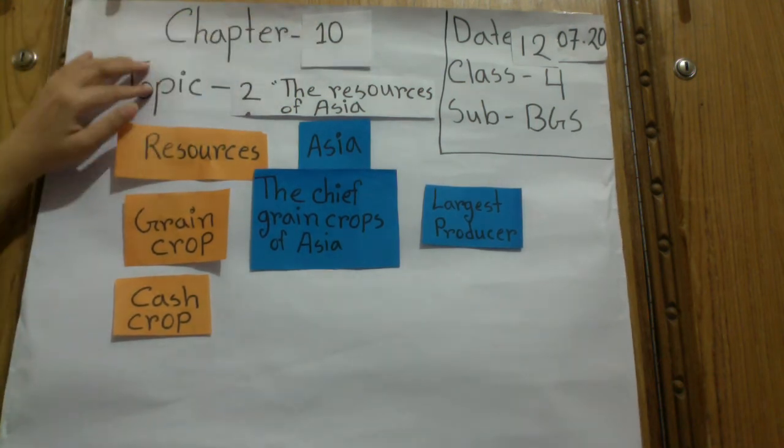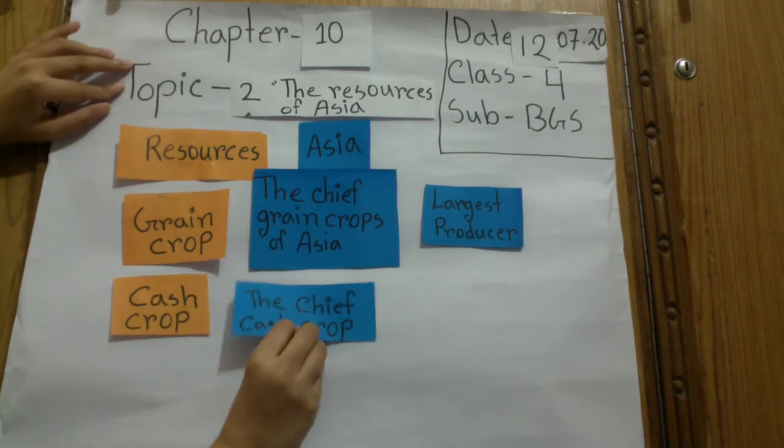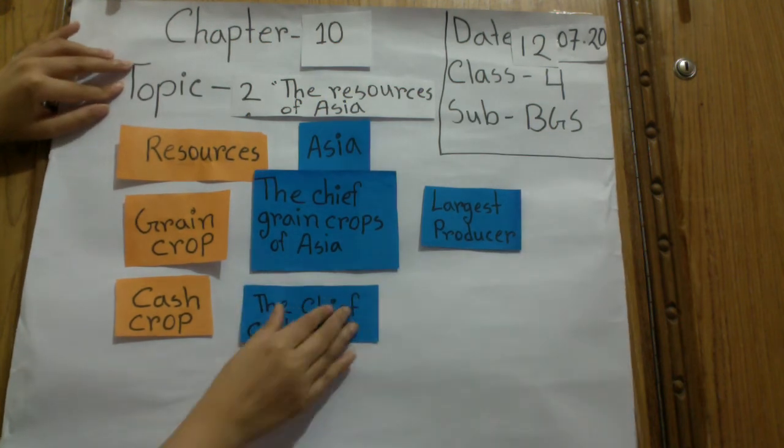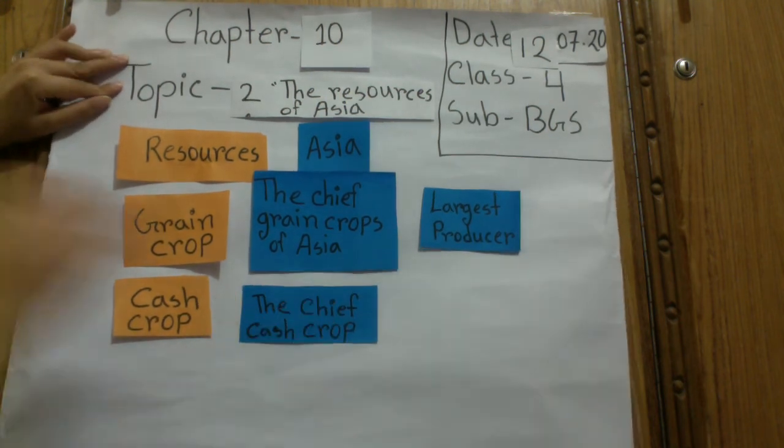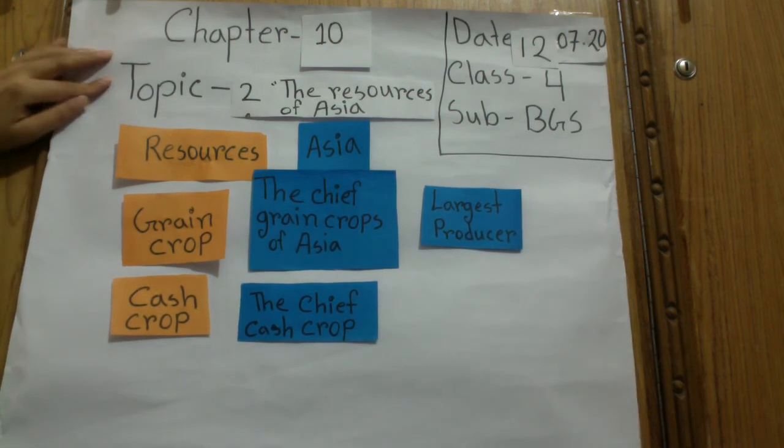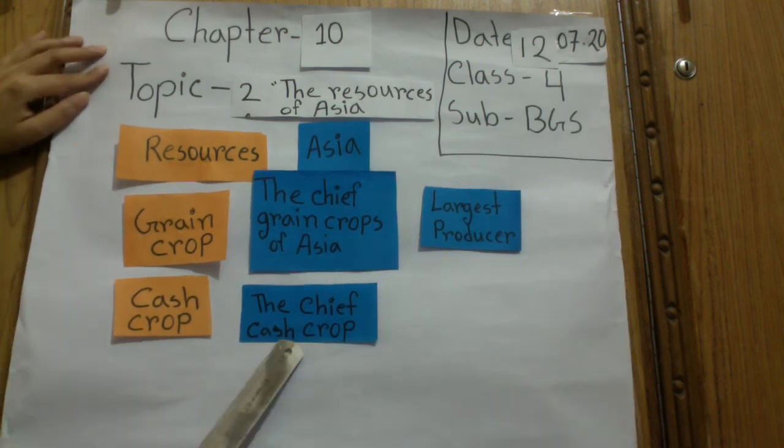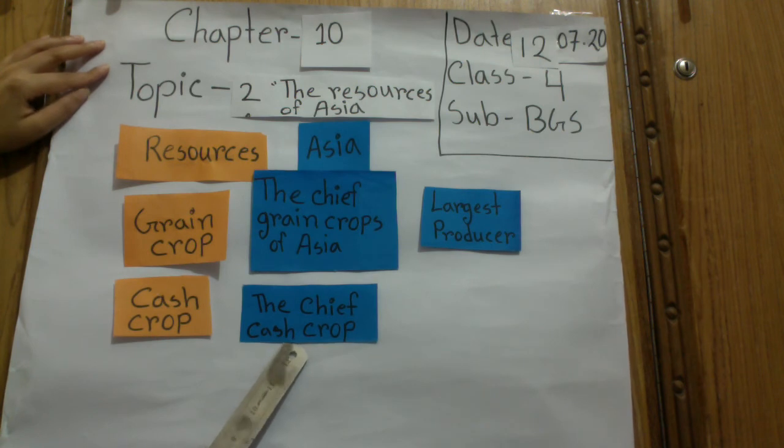Now we have to know the chief cash crops of Asia. The chief cash crops of Asia are jute, cotton, rubber and tea.